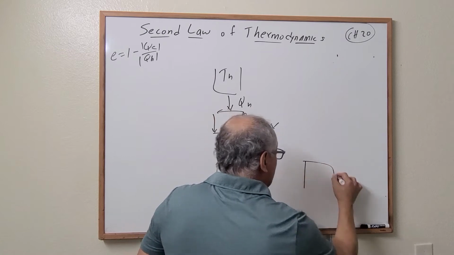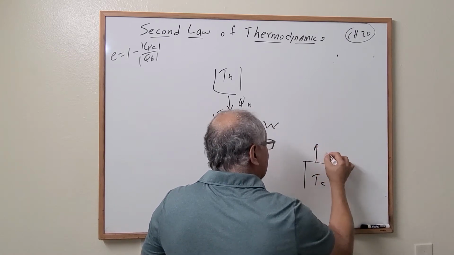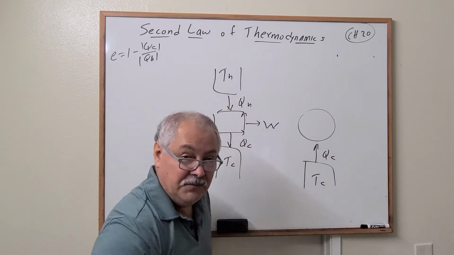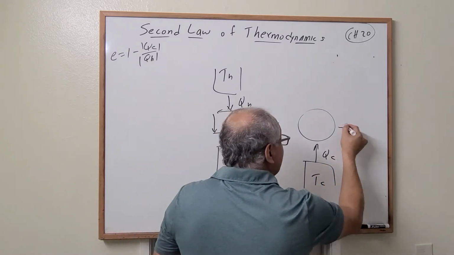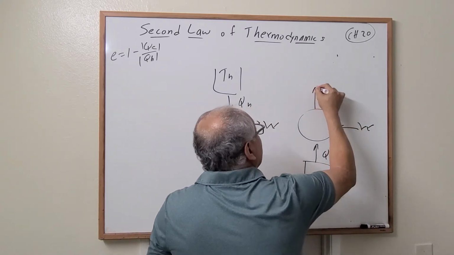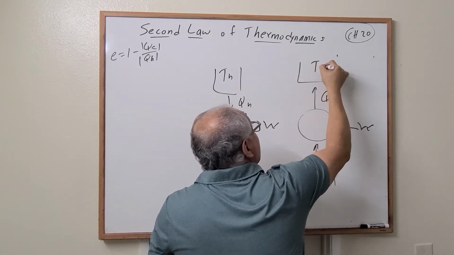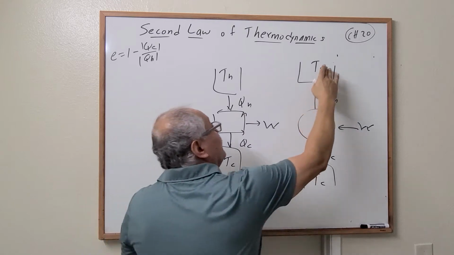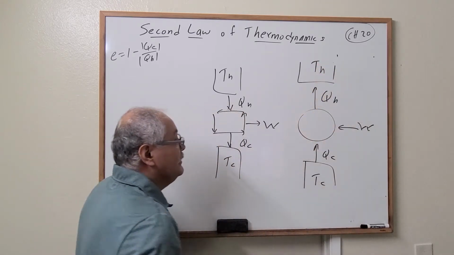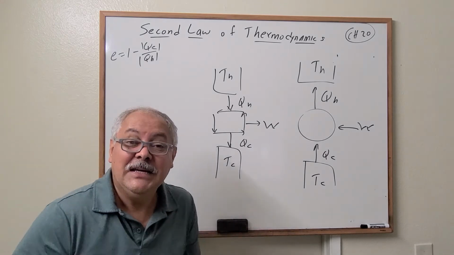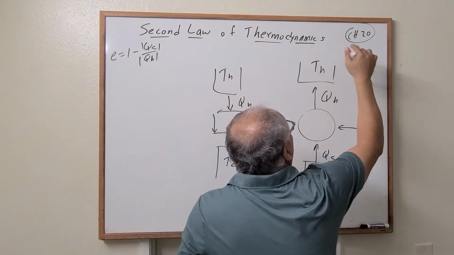Now in this case, this is TC, and we have QC, correct? We have the refrigerator right here, so work is done, and you send QH to a hot reservoir. This is the case for a refrigerator. It goes in the opposite direction.